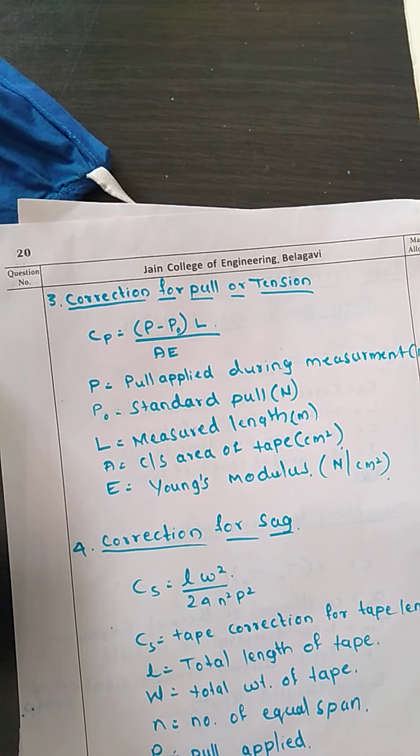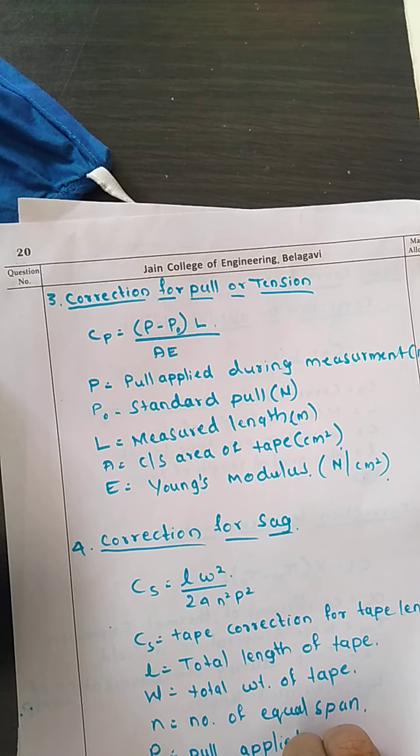The formula is CS is equal to L W square divided by 24 n square P square, where L is the length of the tape, W is the weight of the tape suspended between A and B, P is the pull applied, and small n is the number of equal spans. So this is how you apply the correction for sag.